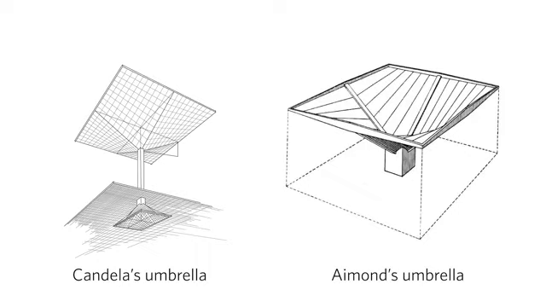The idea for this umbrella came from a paper from a Frenchman named Imond, published in 1936. If we compare Candela's design on the left to Imond's design on the right, we see some differences. The similarities are that they're both umbrella forms, but the differences are that Imond's column, for example, is shorter and wider, so it's more a squat structure, whereas Candela's columns are taller, thinner, I would say more elegant.